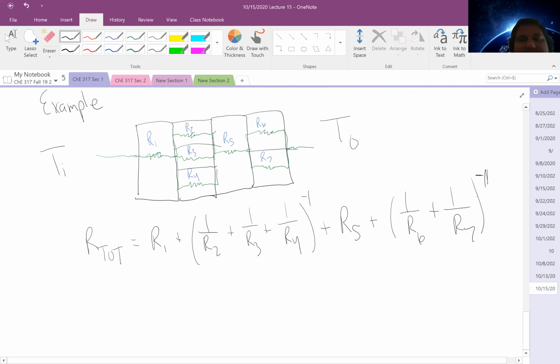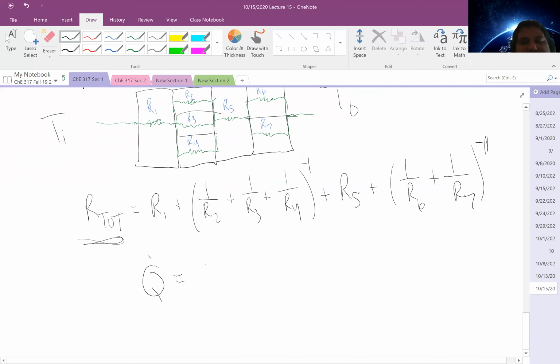And so when you look at a multi-composite wall, you can identify which materials are in series with each other, which materials are in parallel with each other, and identify a total thermal resistance such that to solve for a heat transfer, you just have to consider the total gradient over that total equivalent resistance.